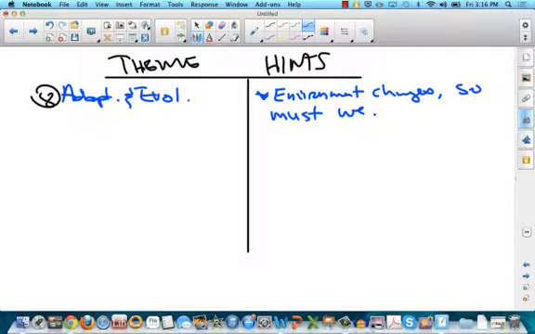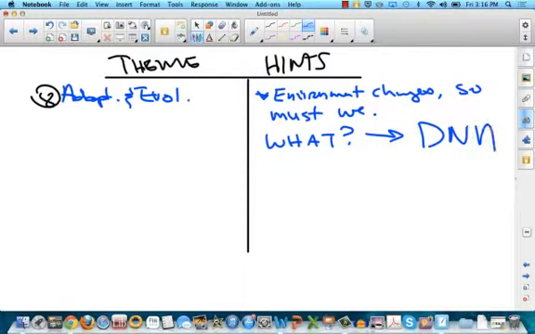And the question is what is changing? And it's the information, the instructions, it's the DNA. So again, that link to the environment. Adaptation and evolution simply means some organisms are going to have certain special types of DNA that have been changed by the environment, allowing them to survive better in that environment compared to other environments.